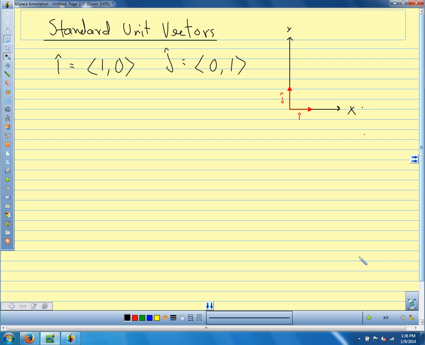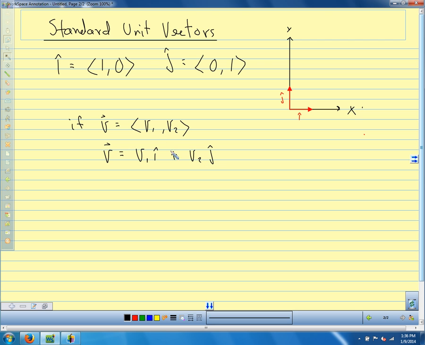And what this lets us do is we can take any vector, if v is the vector v1, v2 in component form, we can say v equals v1 i hat plus v2 j hat. v1 units in the x direction, v2 units in the y direction.